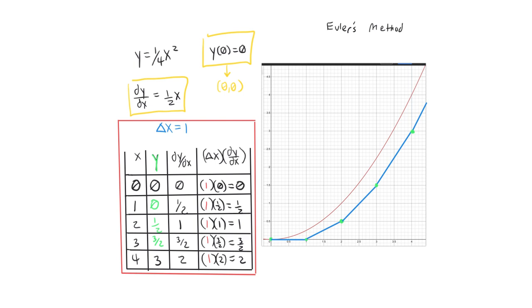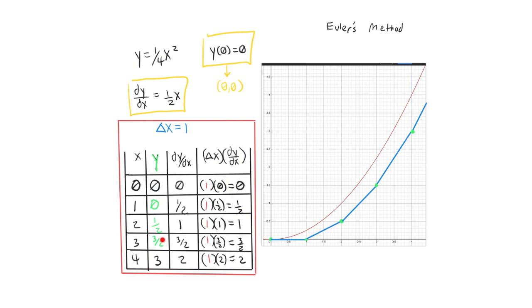But as we went through the process and started filling all of this out, you might notice that each new y value is the result of adding this result to the previous y value. So for example, we could have known that this y value would have been 0 because this 0 plus that 0 is 0. We could have known that this y value is 1/2 because this 1/2 plus this 0 is 1/2.